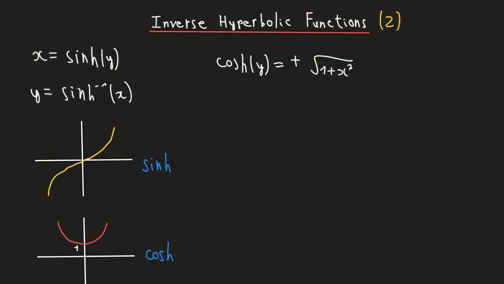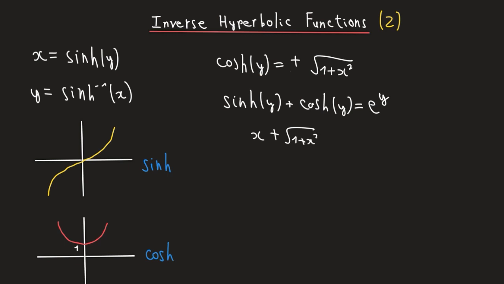Moving on, we use our second identity, sinh of y plus cosh of y is equal to e to the y. Substituting our expressions for sinh of y, which is equal to x, and cosh of y, which is equal to the square root of 1 plus x squared, we get that x plus the square root of 1 plus x squared is equal to e to the y.